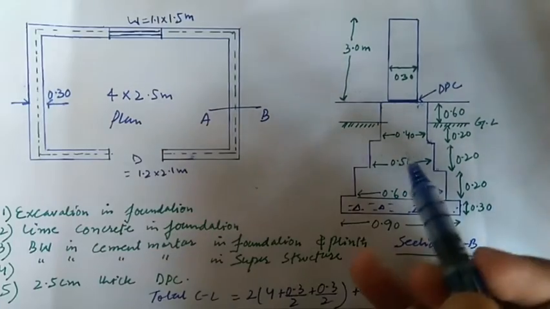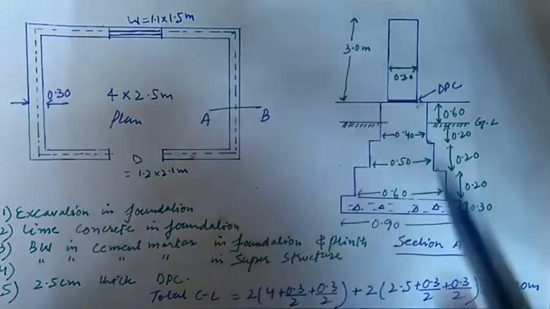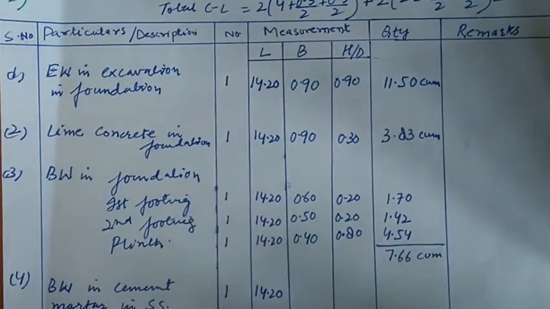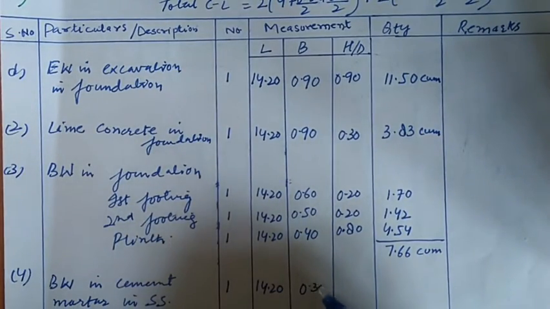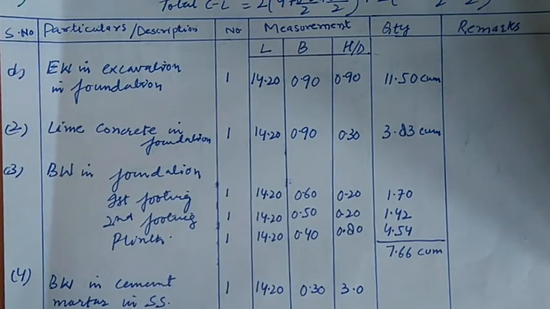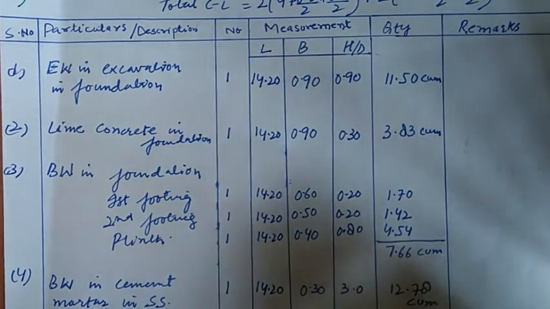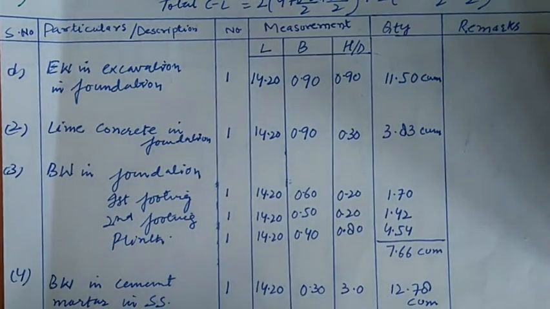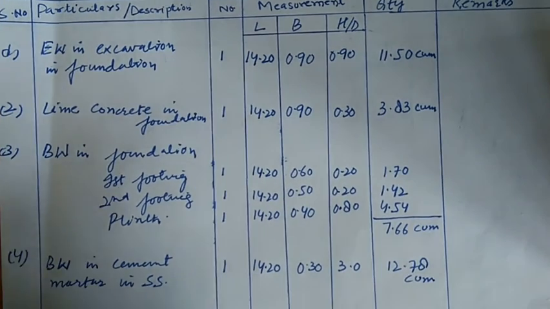We can see the breadth for the brickwork is here 0.30, and the total height is 3 meters. So this is 0.30 and this one is 3.0. Let me calculate it. Turns out to be 12.78 cumes.